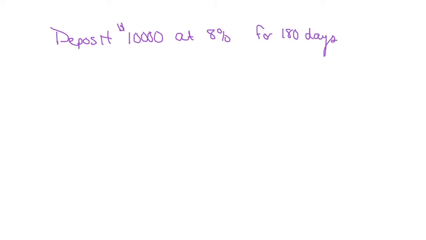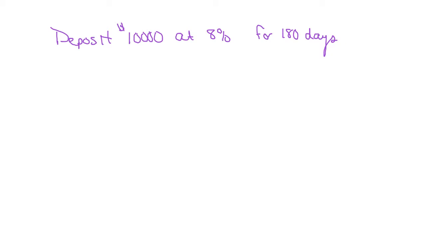Let's look at another example. Let's suppose you deposit $10,000 in a bank account at 8% interest for 180 days. Now remember, our formula is in years.